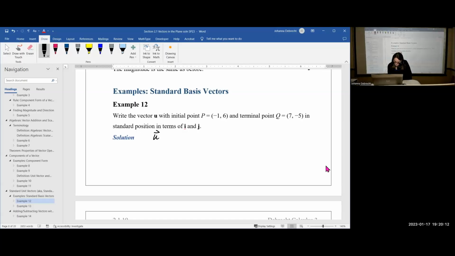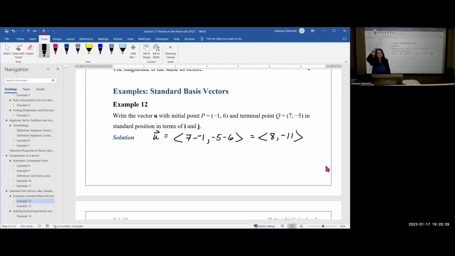So vector u is going to be given by 7 minus -1, comma, -5 minus 6, which would give me (8, -11). That's in standard position. So it has the same length and the same direction as the vector starting at (-1, 6) and terminating at (7, -5), but (8, -11) starts at (0, 0) and terminates at (8, -11).